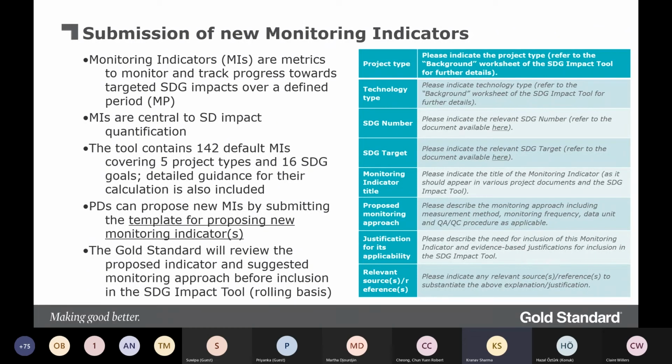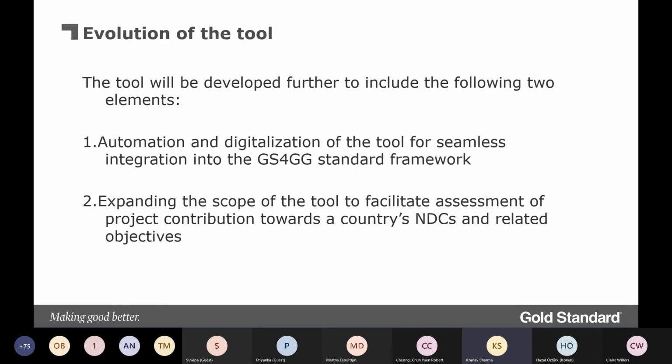That obviously depends on the volume of proposed monitoring indicators that we're getting. So this slide encapsulates how project developers can propose monitoring indicators. Again, if you have any questions or clarifications, please feel free to reach out to us.